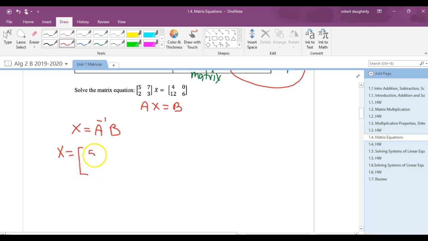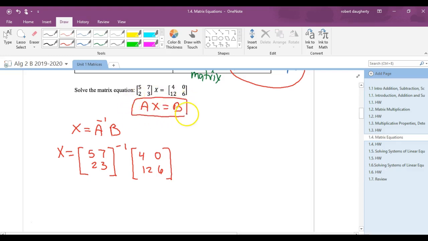A is 5, 7, 2, 3, inverse, times 4, 0, 12, 6. Again, you should be able to go from this equation to this: X is A inverse times B. So now what do we have to do next?